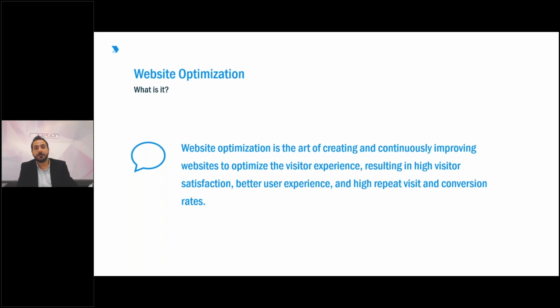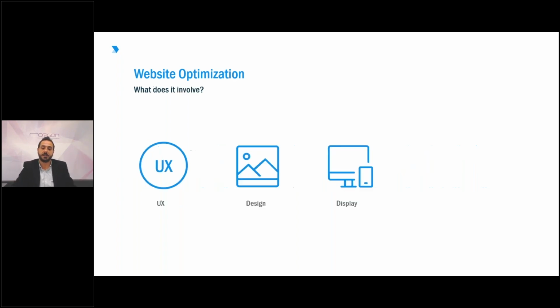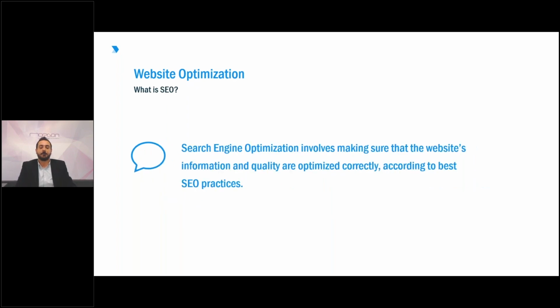And all this has an automatic effect on search engines as well, because when you do this optimization properly, it's going to impact search engines, as we said earlier. Search engine optimization involves making sure that the website's information and quality are optimized correctly, right? And we say quality because it's not only about the information, it's also about the quality of the information, how unique it is, how dedicated it is, and how personalized it is for the buyer personas or the target market that we are working with here.